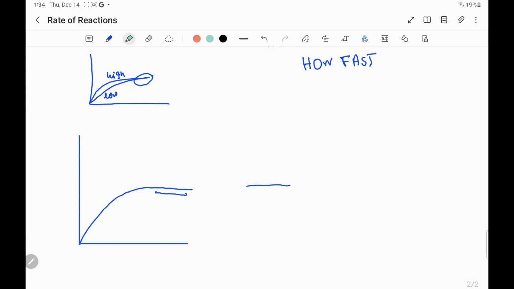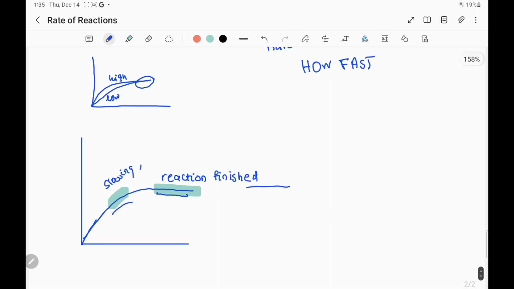When it becomes horizontal, it means that your reaction has finished. By here, almost, your reaction is slowing down. You see when it's here, it's increasing. It's a good slope. Here it's increasing, good slope, fast reaction. So when it starts to curve about there, your reaction is slowing down. And the reaction is fastest at the beginning.